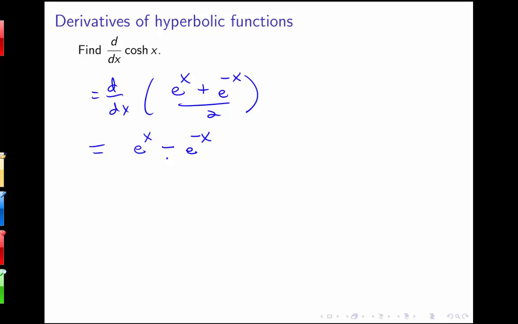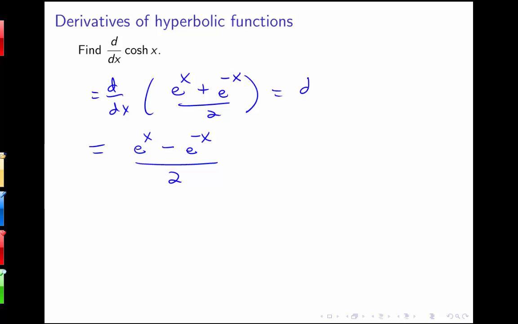So let's say I wanted to find the derivative of hyperbolic cosine. Well, I know that hyperbolic cosine is again e to the x plus e to the negative x all over 2. So if I want to take the derivative of that, I just need to use my rules for the derivative of my exponential functions. So I'm going to have e to the x minus e to the negative x over 2, because that constant would just stay out in front.